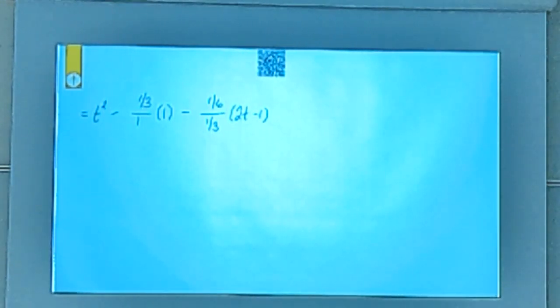What is 1/6 over 1/3? It's 1/2. And you shouldn't need a calculator for that. Let's go this way. T squared minus a third, minus t plus a half.